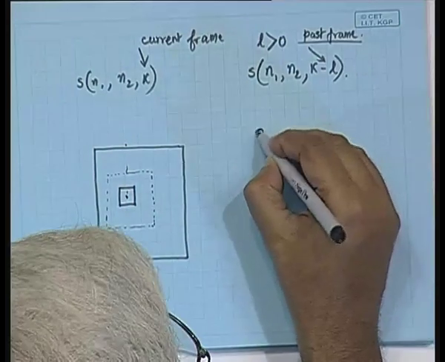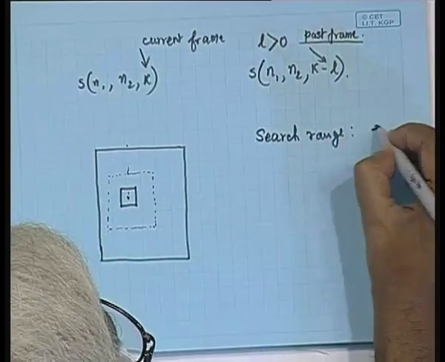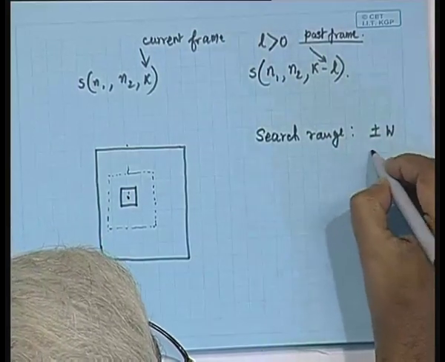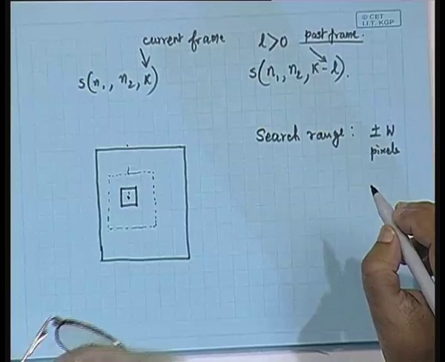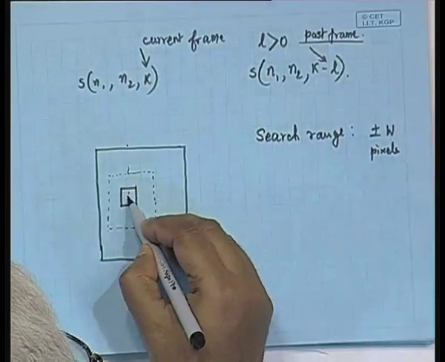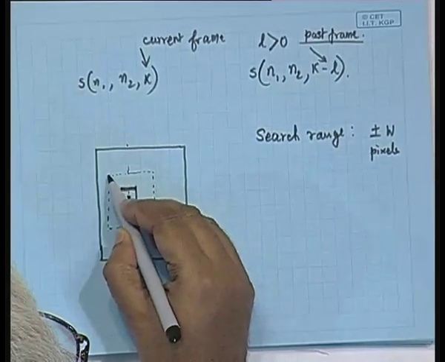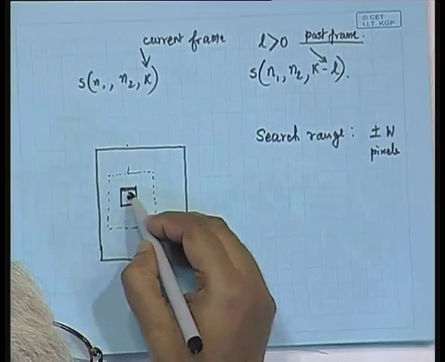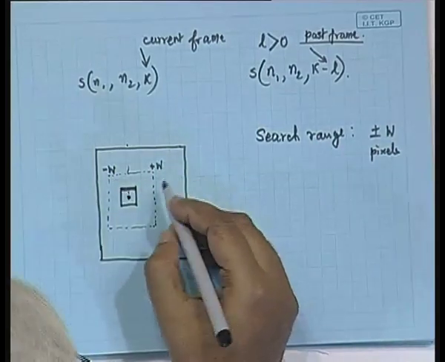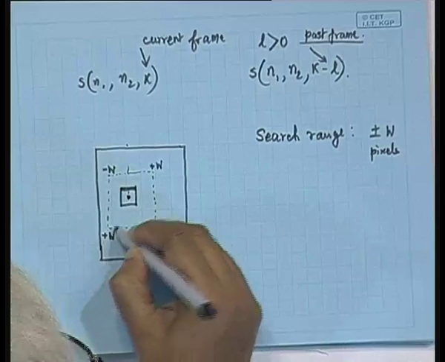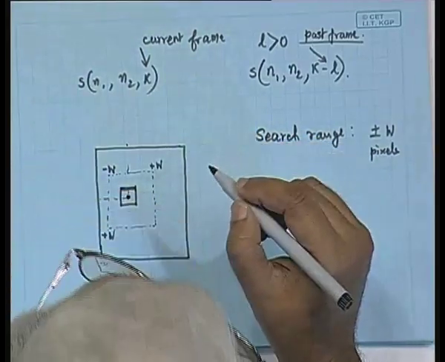So, we define a search range, and let us say that the search range is plus minus w number of pixels. What I mean by plus minus w is that if this is the current block position, we should search within a space going from minus w to plus w horizontally, and again minus w to plus w vertically, taking this to be the 0 0 as the reference.